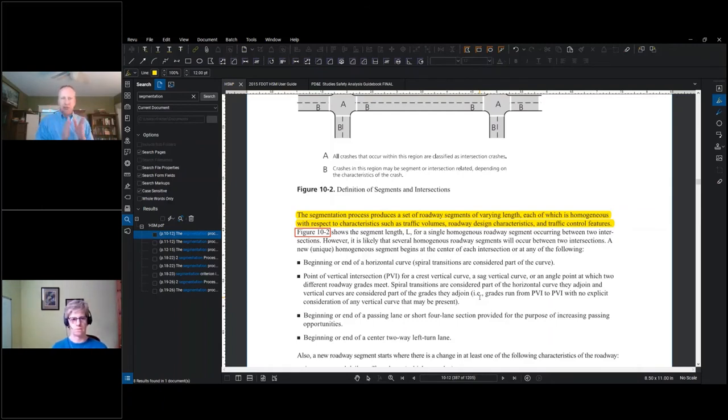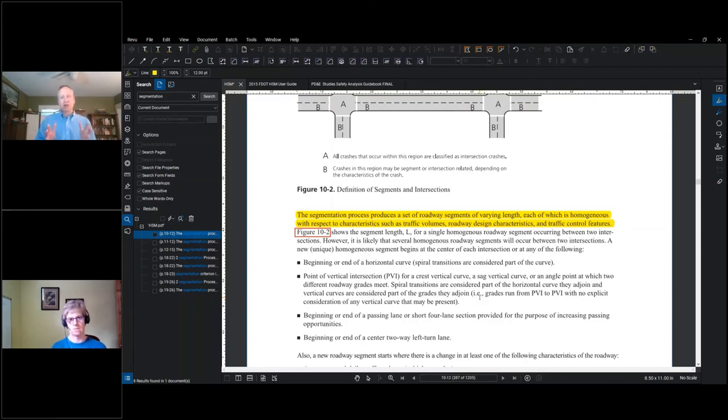Each piece looks at the inputs you provide and does these calculations, and there is guidance in here for using weighted averages. If your shoulder kind of goes in and out, it's 8 and it's 7. You don't need to just break it into an infinite number of little pieces. You can break it into a lot of pieces, and because of that spreadsheet nature, it'll calculate all the little pieces, and IHSDM will do that for you if you use that software.